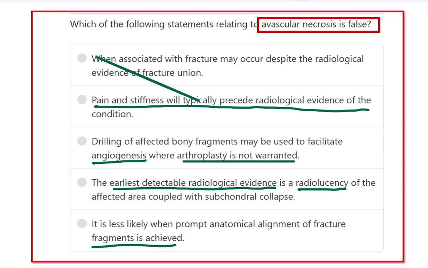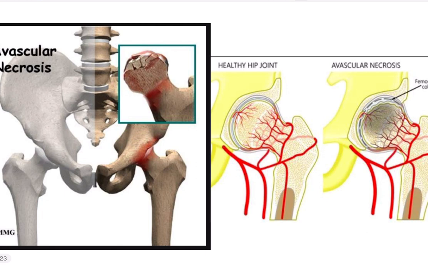So let's see avascular necrosis. This is the figure of avascular necrosis, that means death of the femoral head. In the second picture, we can see a normal, healthy hip joint.